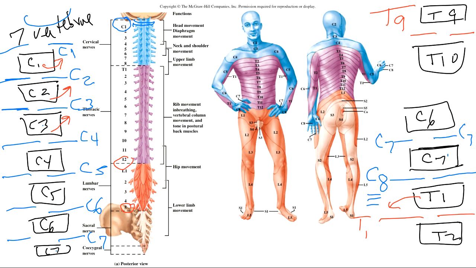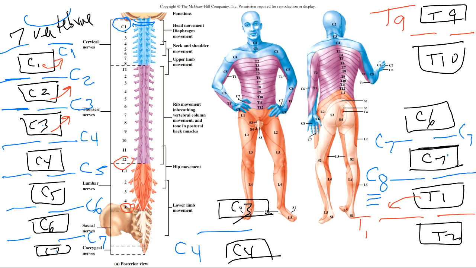You should know that spinal nerve C4 is found between vertebra C4 and C3. So when the question is, which spinal nerve comes out between vertebra C4 and C5, the answer is C5, the spinal nerve C5. So that's basically how we name spinal nerves.